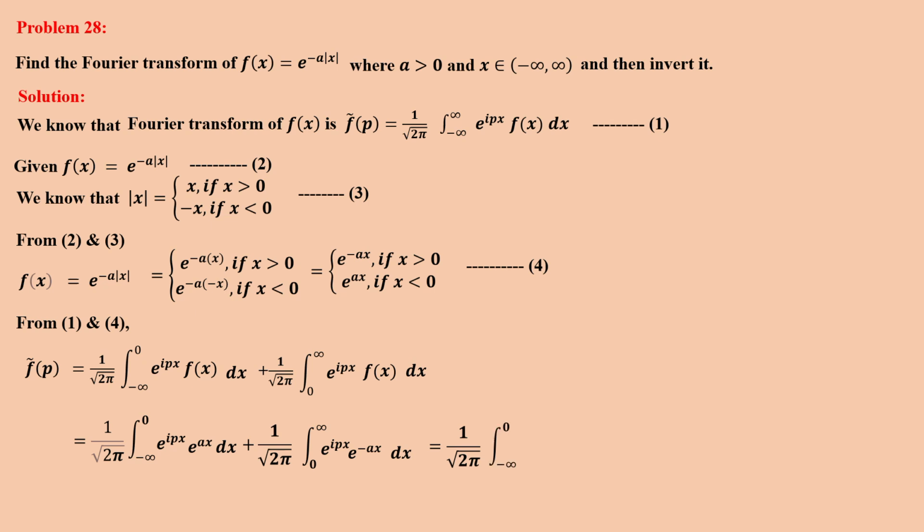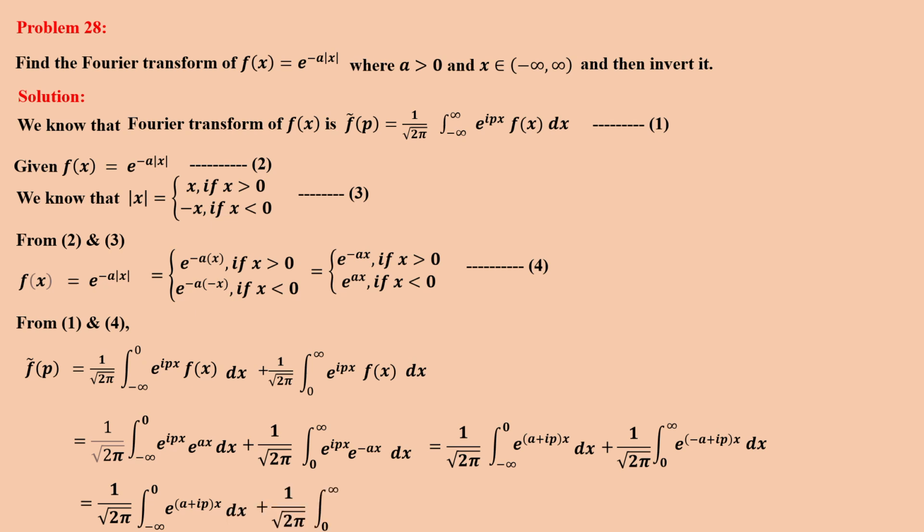So that is equal to 1 by root 2 pi integral from minus infinity to 0, grouping the power of e, so e^((a+ip)x), where x is common, taken outside, dx, plus 1 by root 2 pi integral from 0 to infinity. Here also we are taking x outside, grouping the power, so e^(-(a-ip)x) dx.